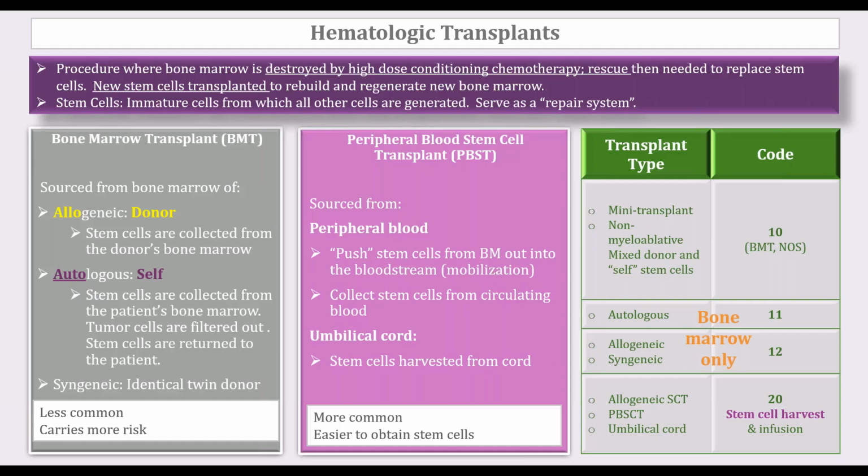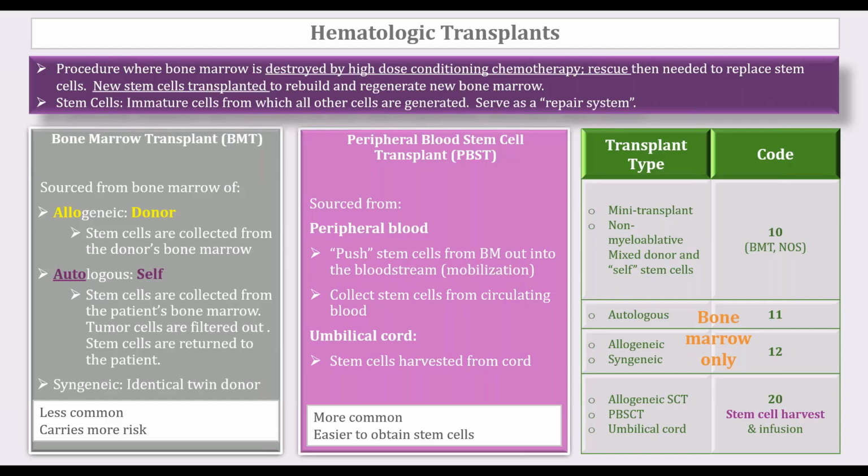Now, often in our records, we do see just stem cell transplant used interchangeably, and it can be hard to tell: was this bone marrow, was this peripheral blood? When you see this mobilization term, that's an indicator that they have pushed these stem cells out of the marrow and into the bloodstream to be collected there.